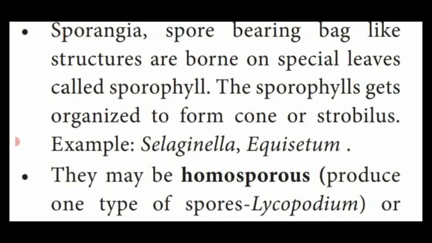In that shape, these sporophyll leaves are joined together to form a cone-like structure known as strobilus. This is another important 1 mark and 2 mark question. All the sporophyll leaves organized together to form a cone-like structure is known as strobilus. Example, Selaginella and Equisetum.